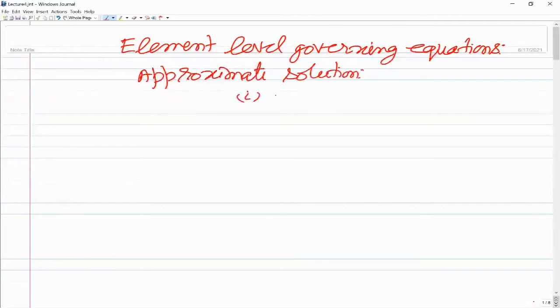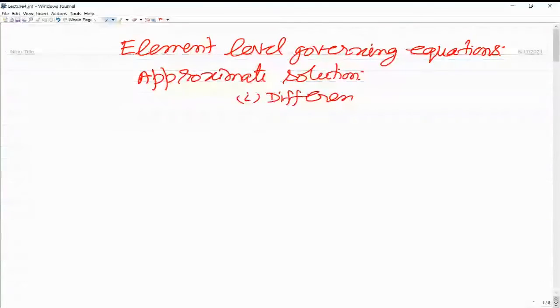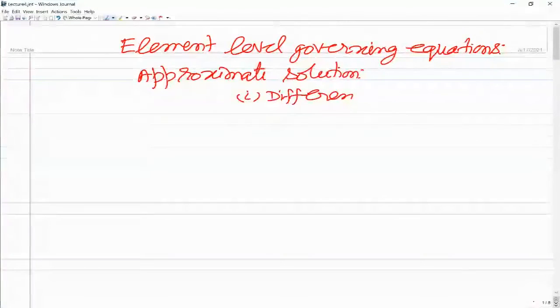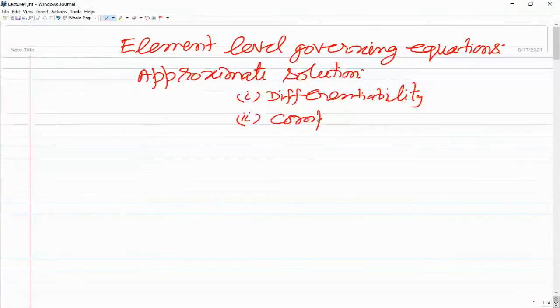The differentiability requirement, which is within the element, then the completeness, and third was inter-element compatibility.